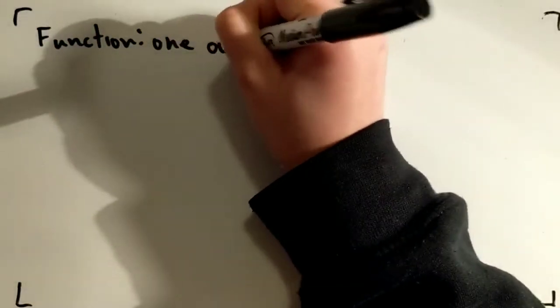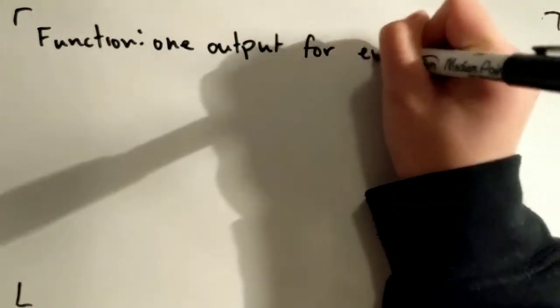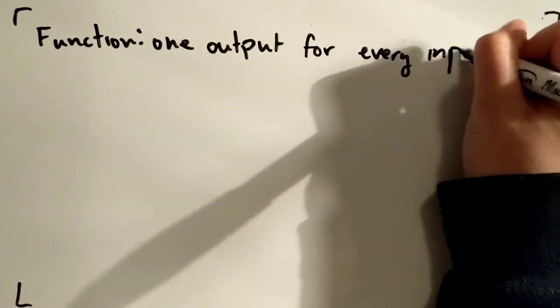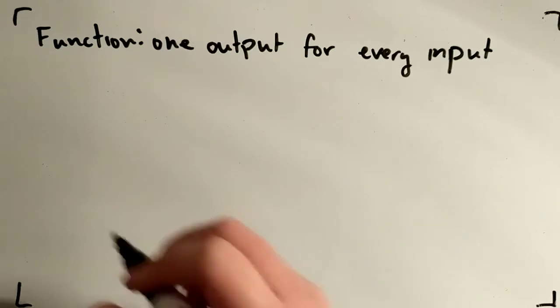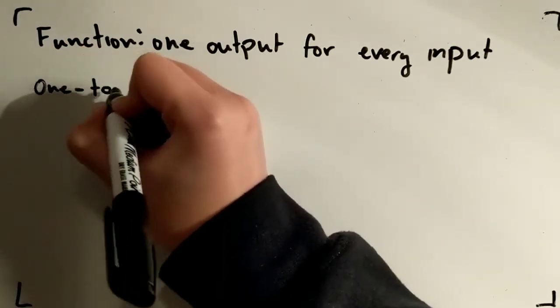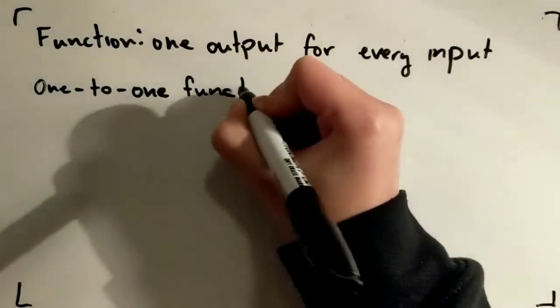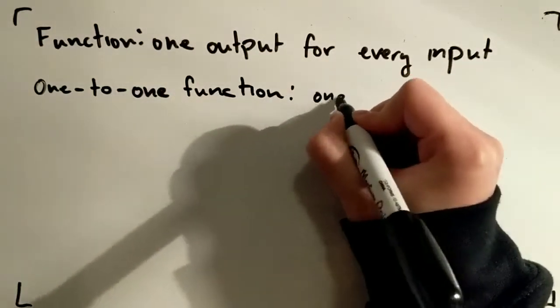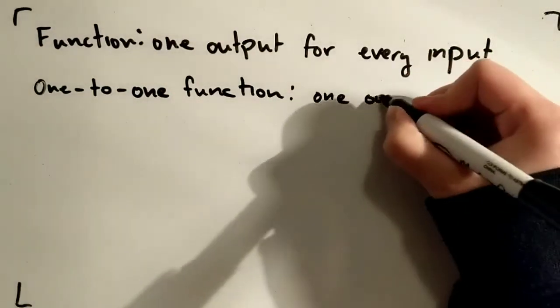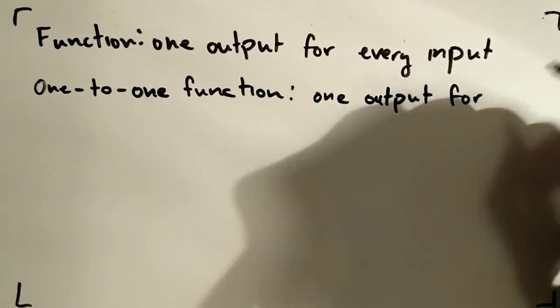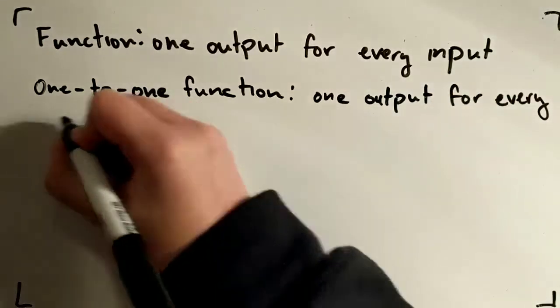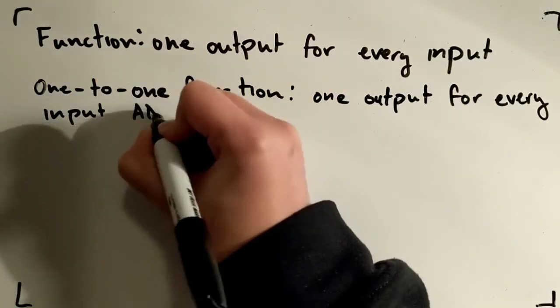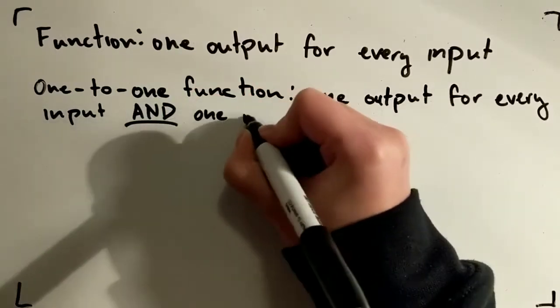So remember how for something to be a function, it needed to have one output for every input. In a one-to-one function, it still needs one output for every input. However, the difference here is that it also needs one input for every output.